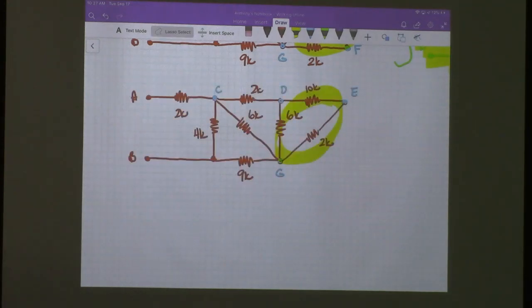Okay, we redraw the circuit, and what we end up with now, point E is gone, and we end up with a 4 kilo ohm resistor right here.